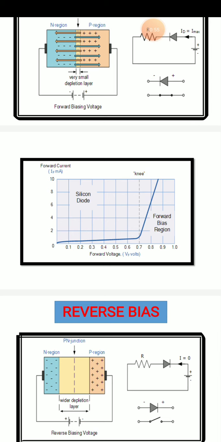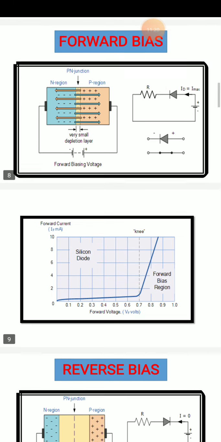After this particular voltage the current starts to increase. Before that there was only a slight variation, and now we have a drastic increase in the current. This is the forward biasing mode, or forward bias region of operation.